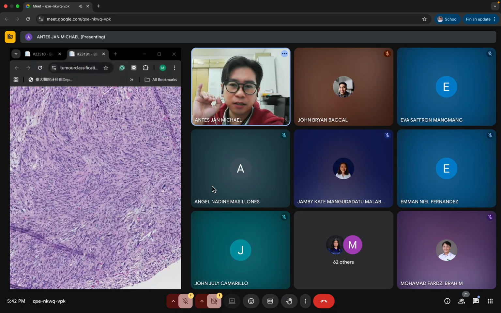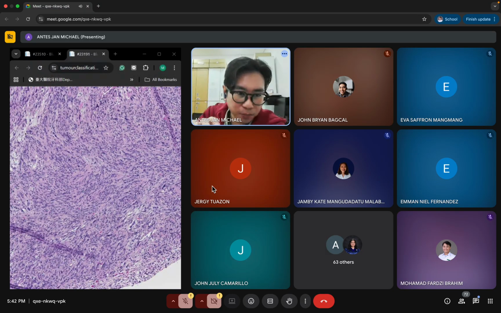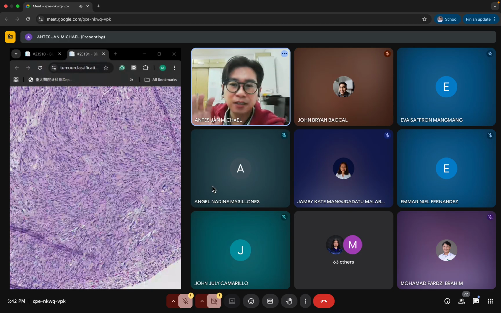Are they shaped like spindle cells? Yes or no? Yes. Okay. So they are pleomorphic, and it's spindle shaped, and then they are grouped into fascicles.